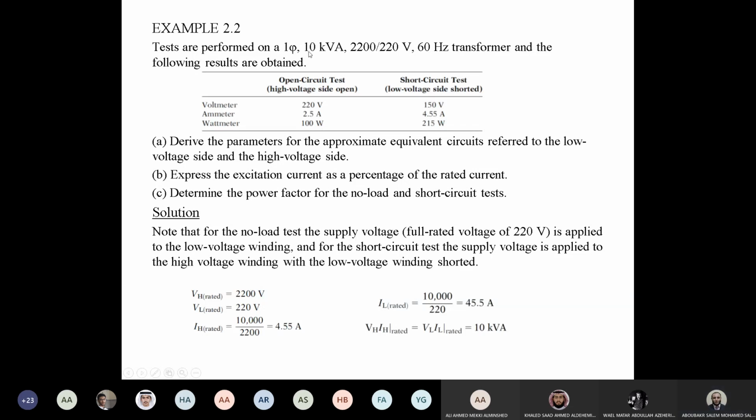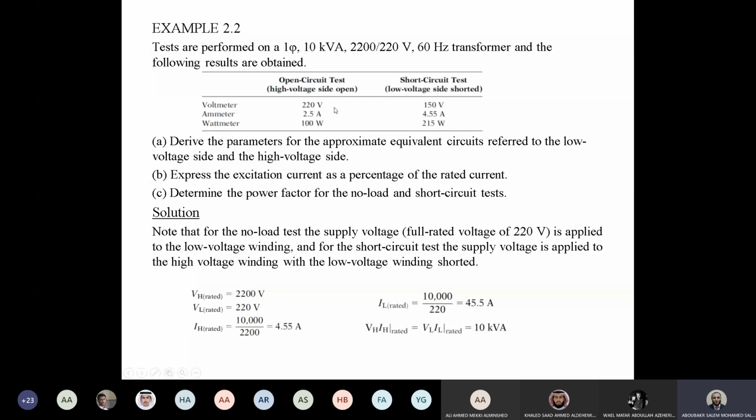So 10 kVA means that S rated, or apparent power rated, is 10 kVA. 2200 volt over 220 volt, so this means this is the turns ratio of the transformer. Now, what exactly is this value of volt? Is it the output volt or input volt of the transformer, guys?